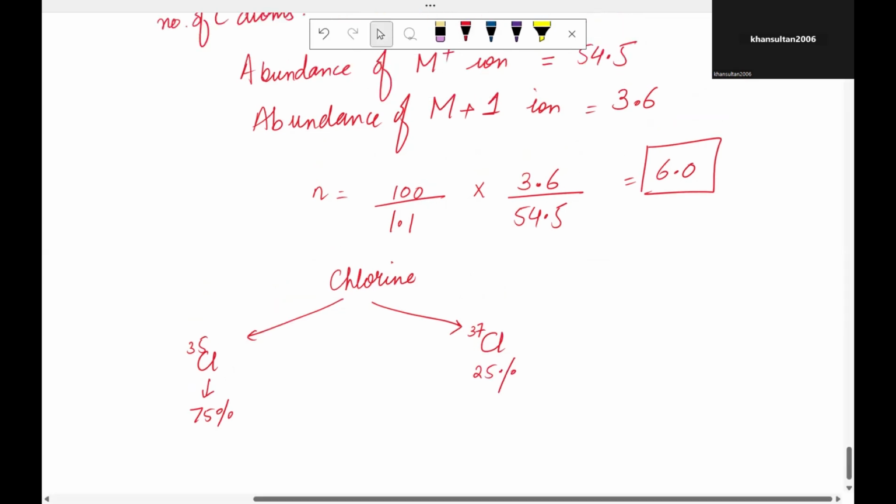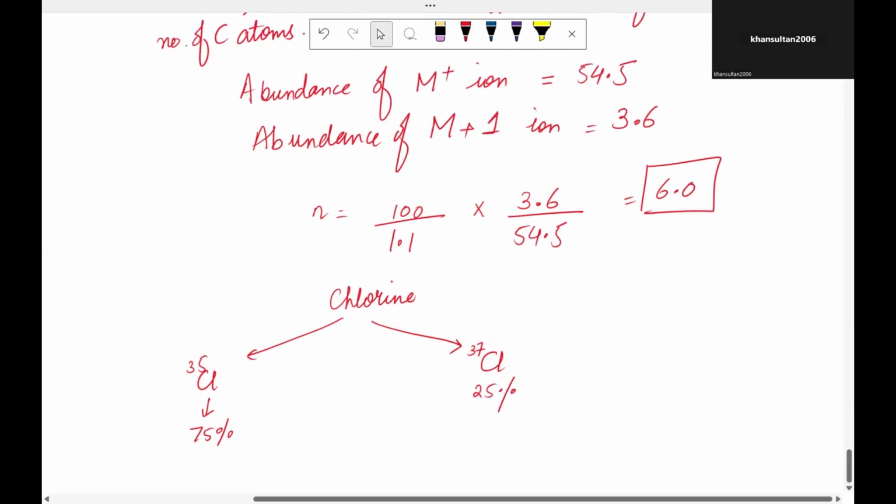Remember, before we did M plus and M plus 1 for the case of carbon, because the difference in the isotopic mass of carbon is only one. One carbon has a mass of 12 and the other carbon has a mass of 13.